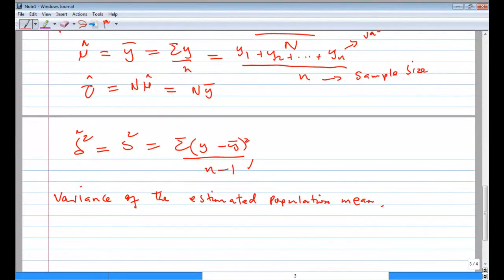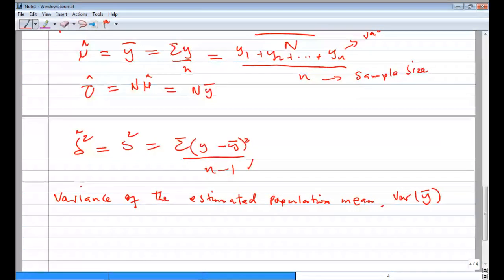So now, the variance of the estimated population mean is written as var of y bar. You have to know that.